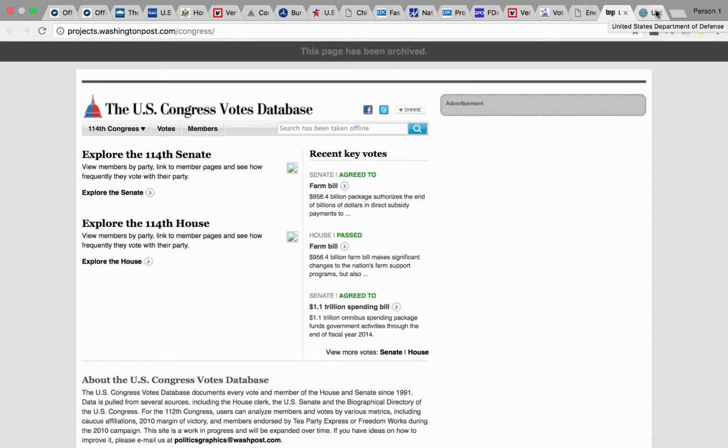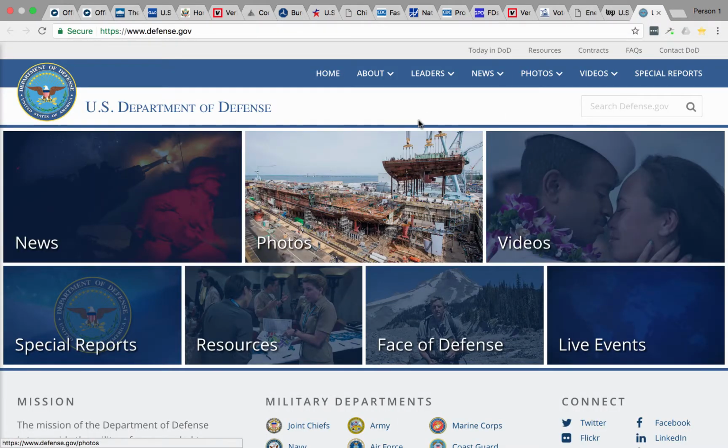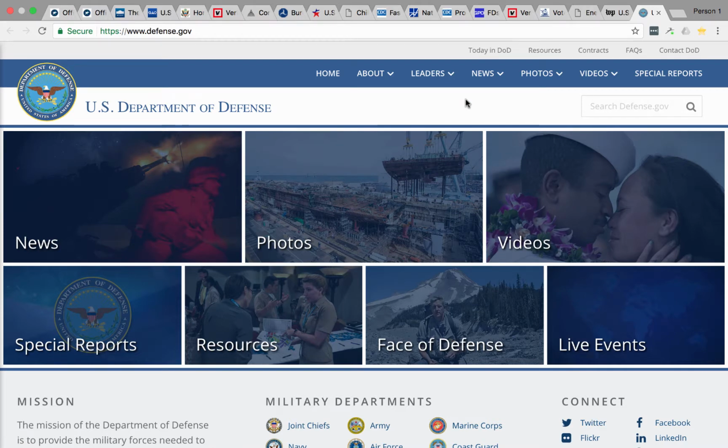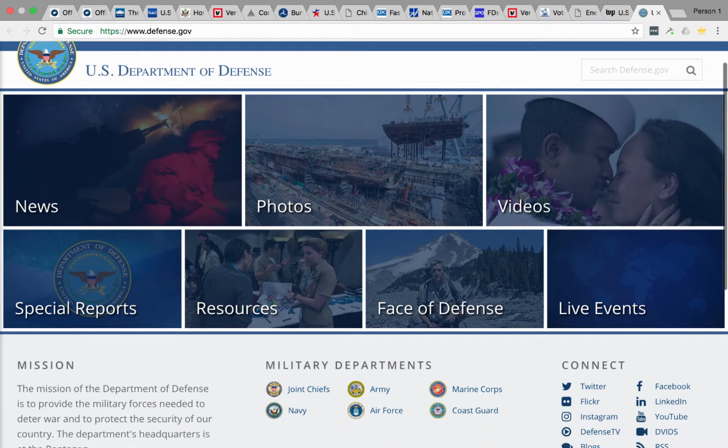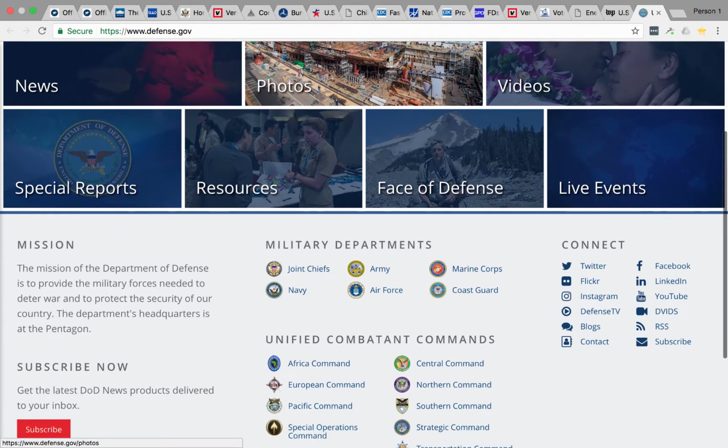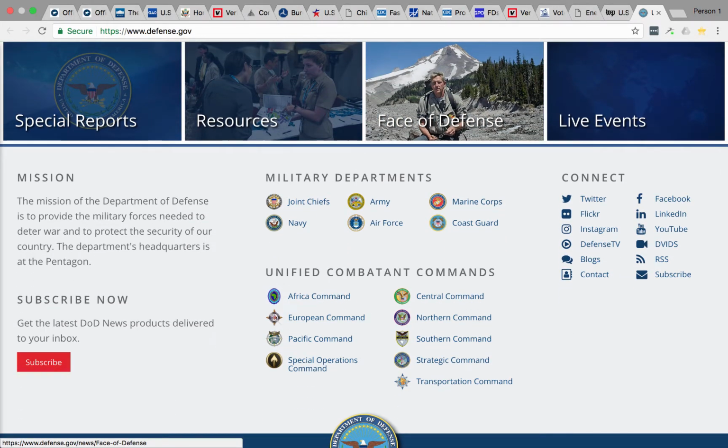very quick information. Finally, one other, the U.S. Department of Defense. This is going to be essentially the organization of the U.S. Department of Defense, and essentially public relations releases that they want to put out.